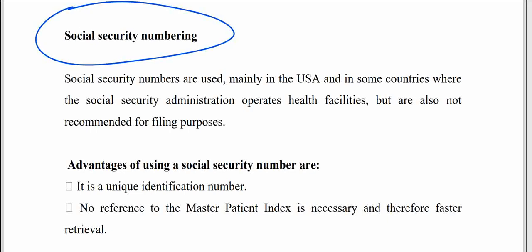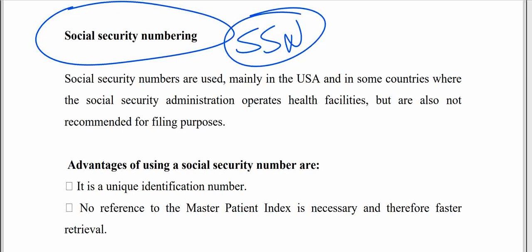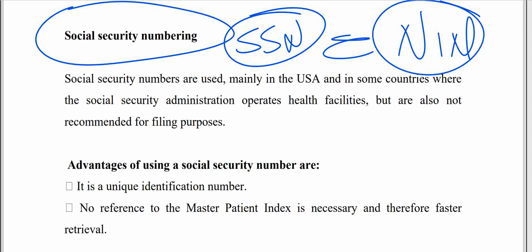Maybe I can talk about the social security number. The social security number is basically used in countries where security is the priority, whereby most of the people have a social security number. But in Uganda, we have what we call the NIN number, which may serve as the same thing.